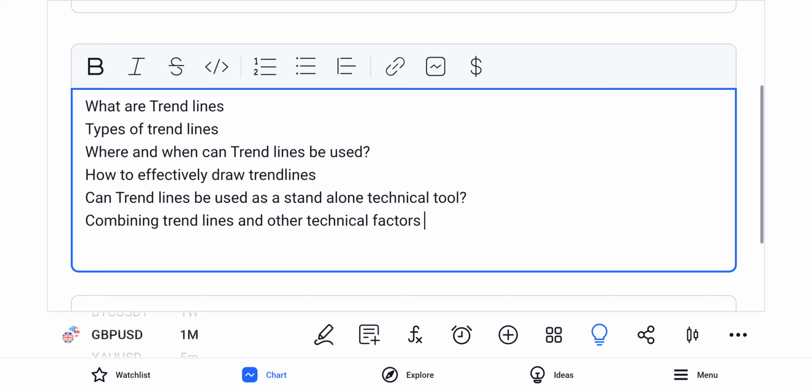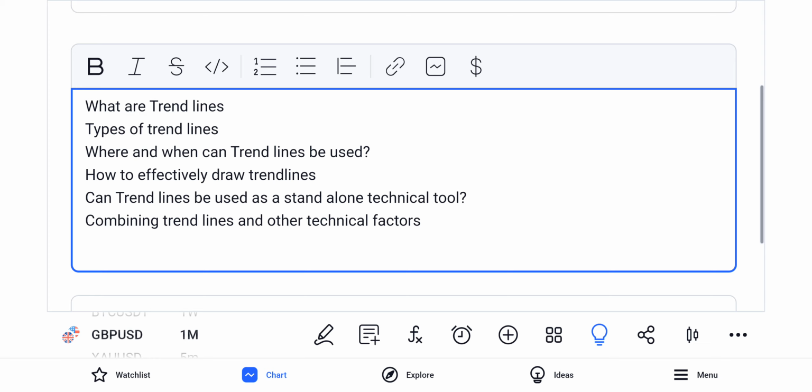So we have looked at the different types of trend lines, and we said that we have resistance trend lines and we have support trend lines, and we also have what is called inner trend lines and outer trend lines. So as we move further downwards, we are going to see what inner trend lines and outer trend lines are all about.